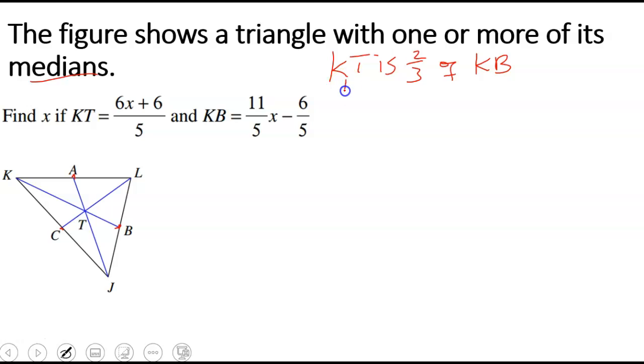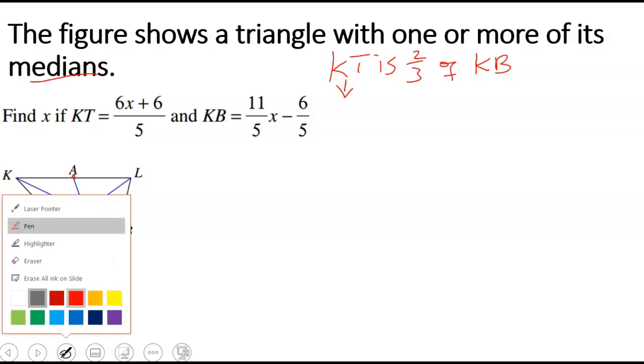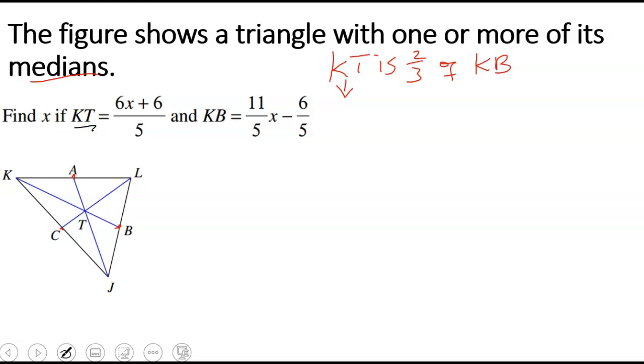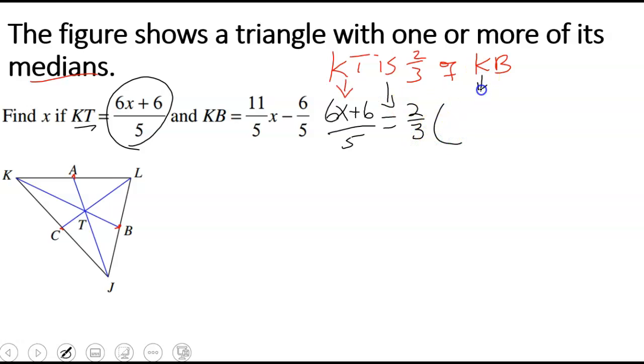All we need is an equation, and this is already an equation. KT is this expression there. So (6x plus 6) over 5 is equal to 2/3 of KB. Since they have the same denominator, we can just put the terms together: 11x over 5 minus 6 over 5.